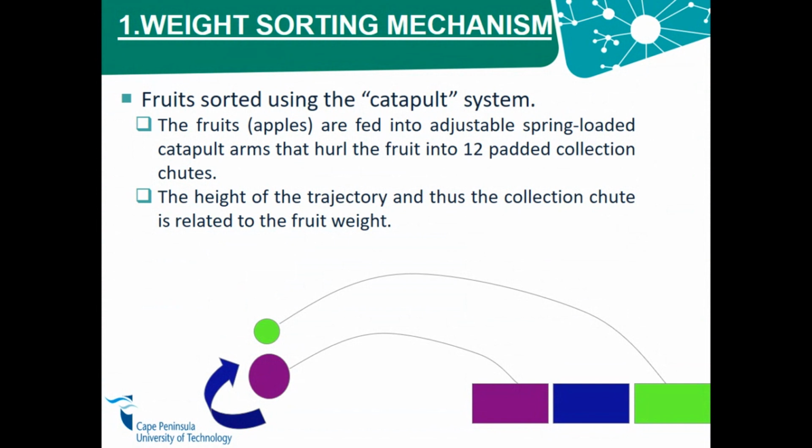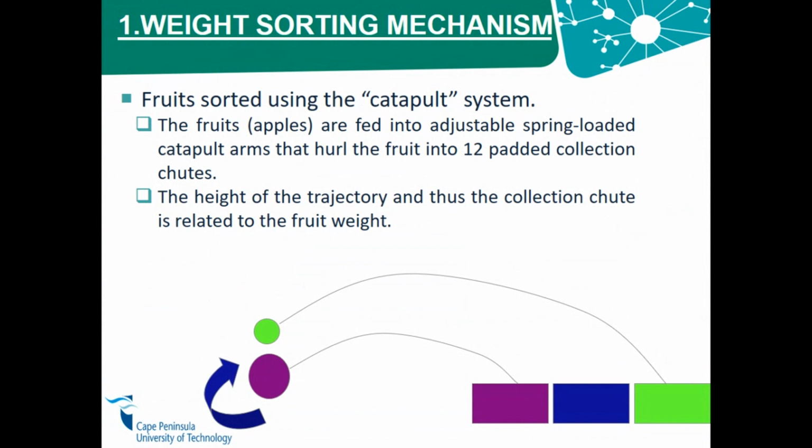The lighter, as you can see, the green ball there would go further. So the lighter the raw material, the further it travels, and then it's collected on the different beams. So this is basically the mechanisms that can be used for weight sorting.